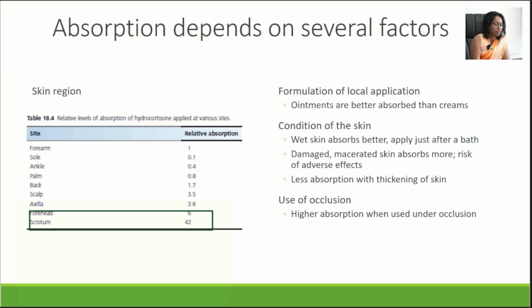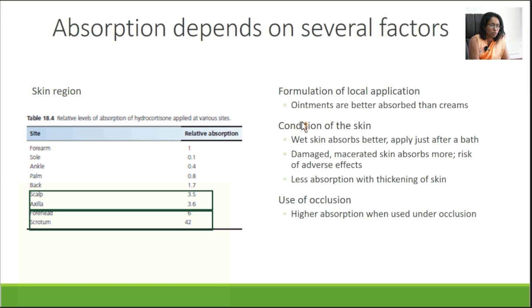And then look at the scalp and the axilla. It's almost 4 times the absorption that occurs in the forearm. In the scalp, this is because of its high vascularity, and in the axilla because of the thin, more sensitive skin. The same that goes for the axilla goes for the submammary and the groin regions.